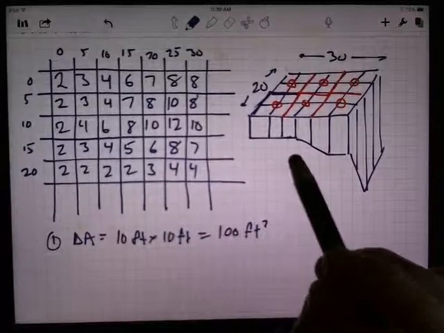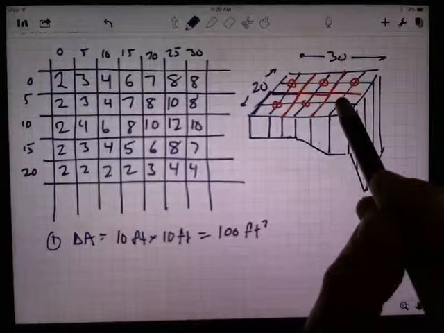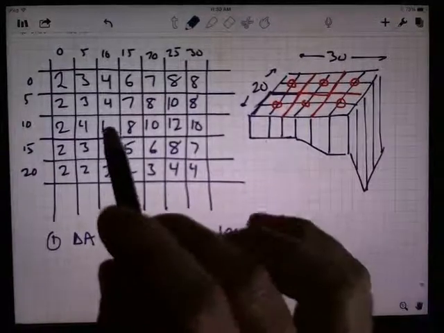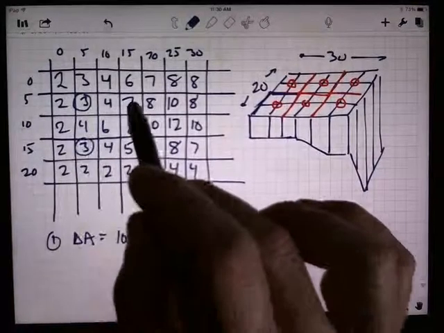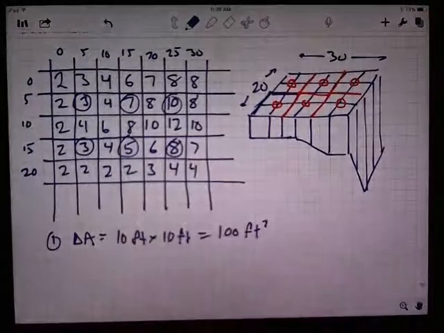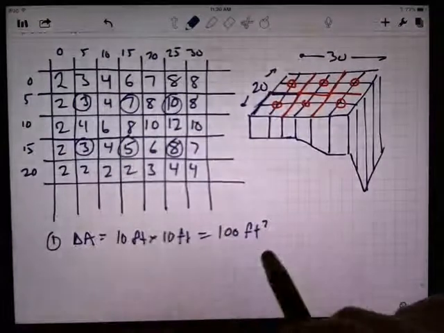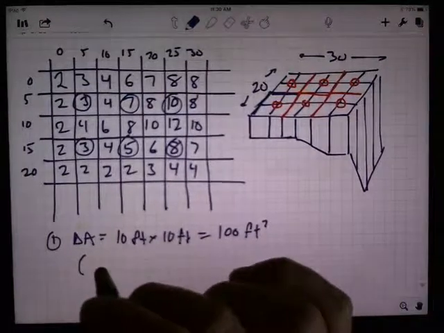And then I need to find the depth at each of these points. Those are given as this one, and this one, and this one, and this one, and this one, and this one. So each one of those is going to be multiplied by 100 and then added up, or I can just add them up first and then multiply by 100 after.